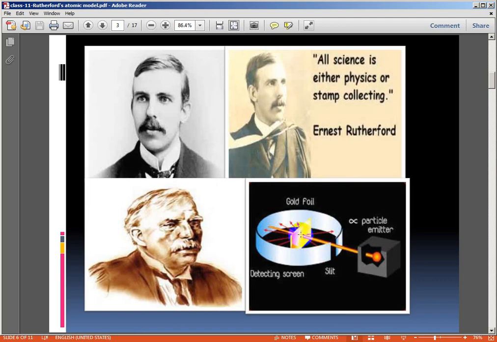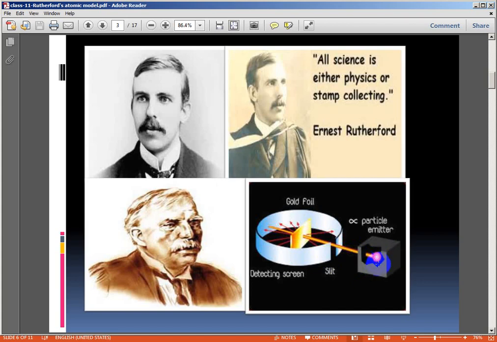This is the gold foil, and this is a screen made of zinc sulfide. This is a slit, like a hole, through which the alpha particles pass, and here is the alpha particle emitter.